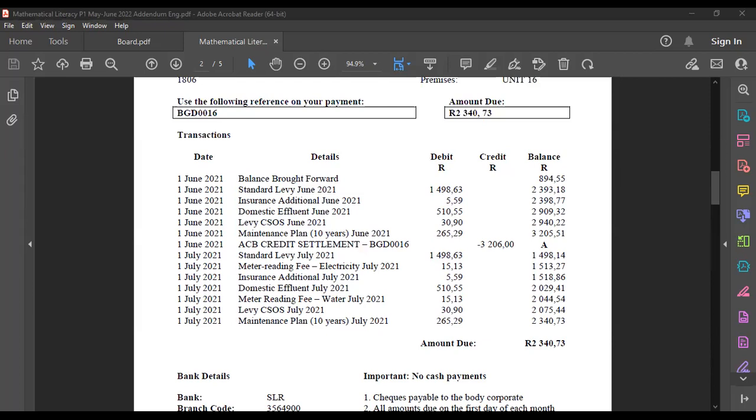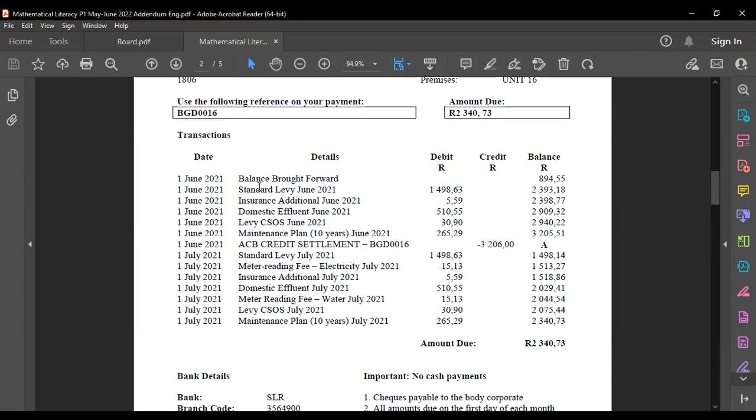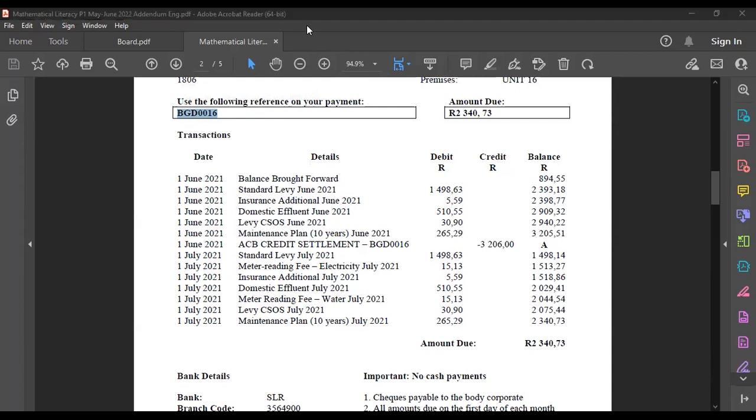So we check on the account here. This is the reference number, GP 00610. So we come down here and we say BGB 0016. That's the unique number.